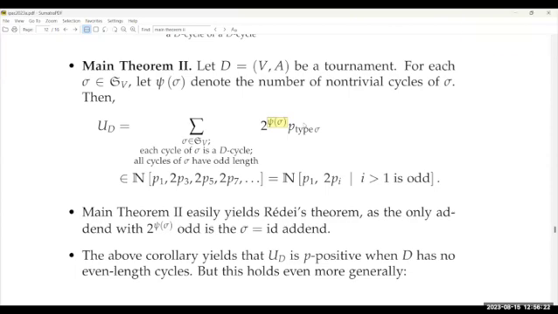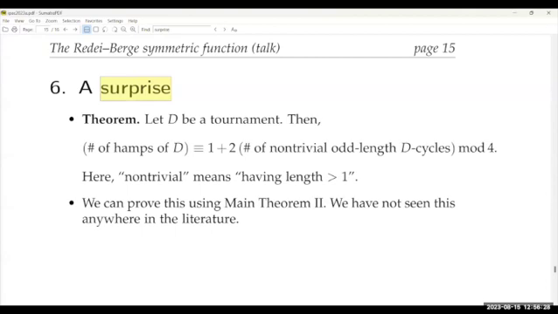Thank you. Darij, a question for you. In your surprise statement, there's a lot of odd everywhere. And in this congruence, you have 1 plus twice a number, mod 4. Is the number in parentheses itself an odd number?